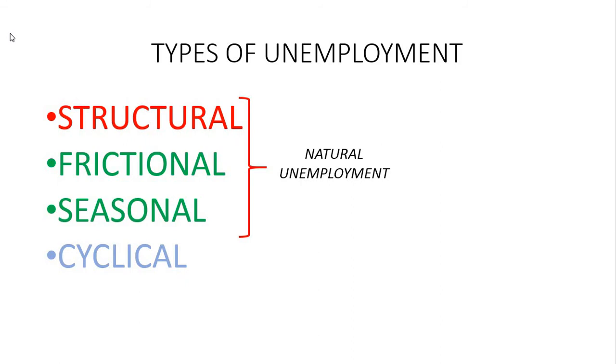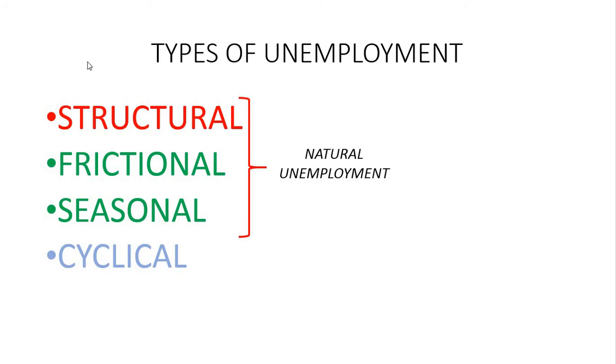When economy is in the phase of expansion, then firms hire more people, even though their skills might not be perfectly appropriate for a particular job. So all of this is included to cyclical unemployment. In recession, it's positive. In expansion, it's negative. And when economy is in equilibrium, there is no cyclical unemployment.